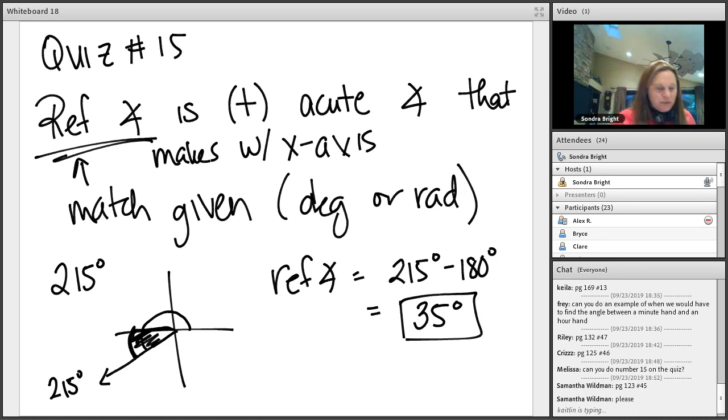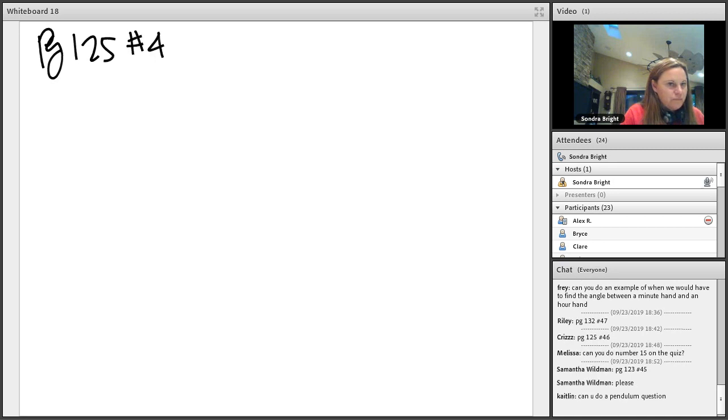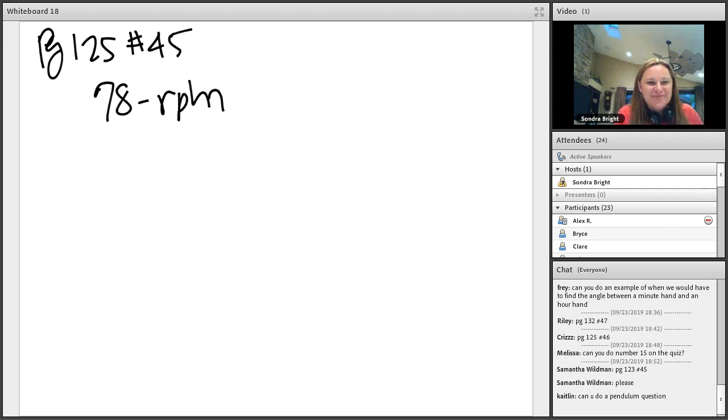All right, page 123, number 45. Okay. So it says a certain 78 RPM phonograph. Do you guys even know what a phonograph record is? Oh, geez Louise.